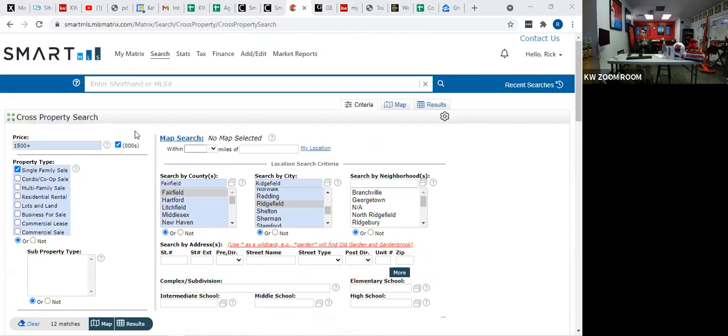I helped an agent, I think I mentioned this on a Zoom call one morning last week. I helped an agent figure out a month's supply of inventory and how to help get sellers to reduce a price on a co-op for like $450,000 in Larchmont, right?